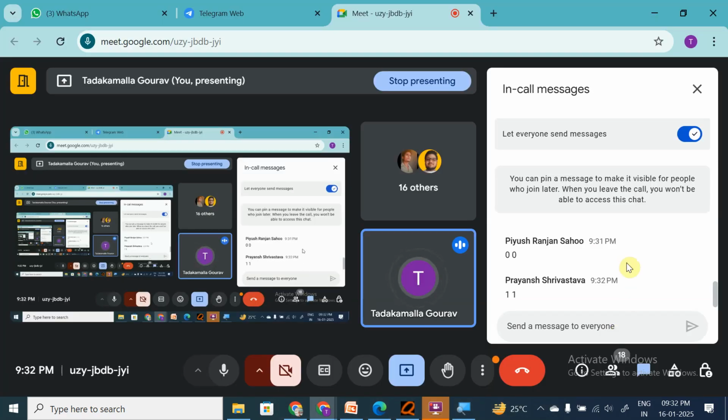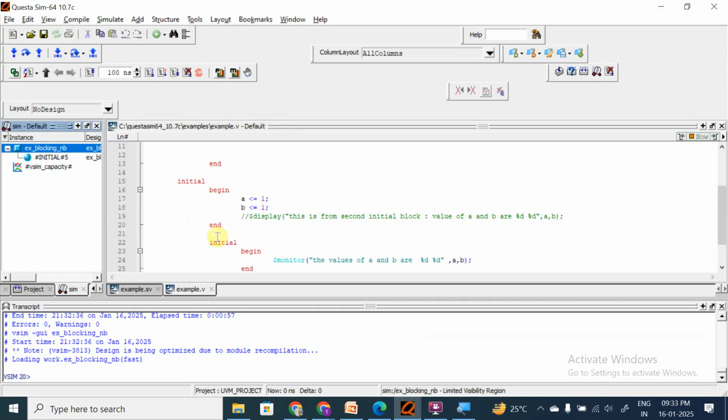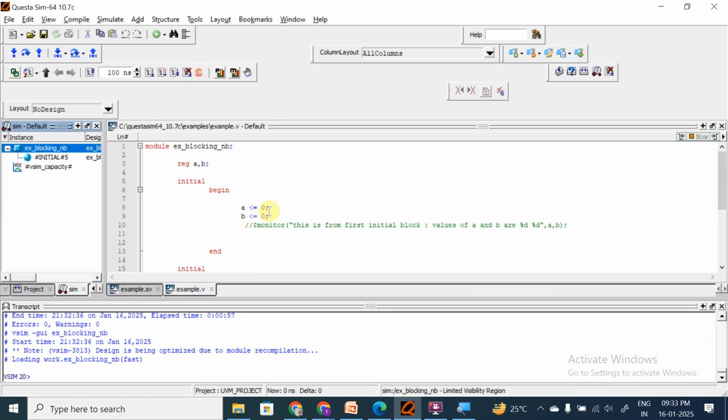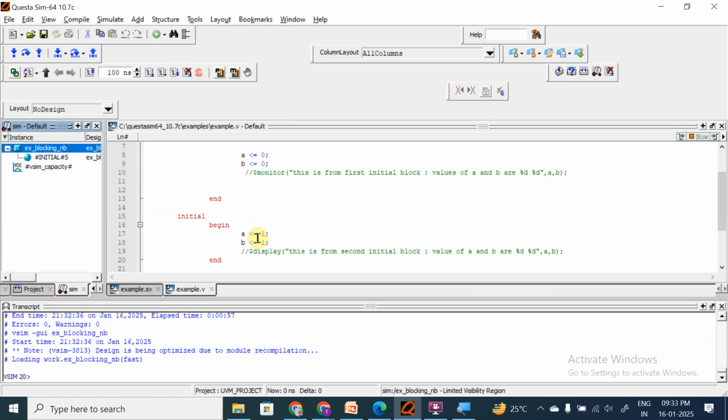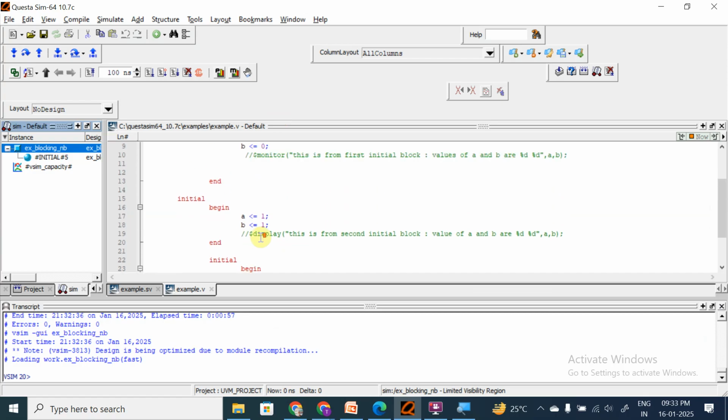What is it going to print? Okay, others? A non-blocking of 0, B non-blocking of 0. I have commented this, and A non-blocking of 1, B non-blocking of 1. Here also I have commented. And within the third initial block, I am using $monitor. Okay, take your time and answer this.